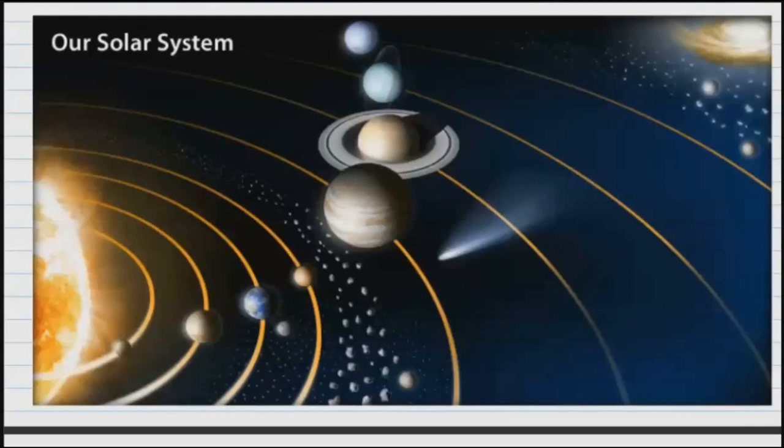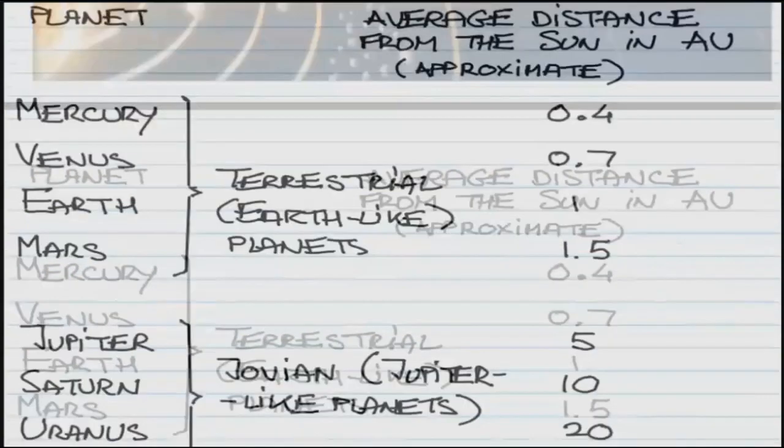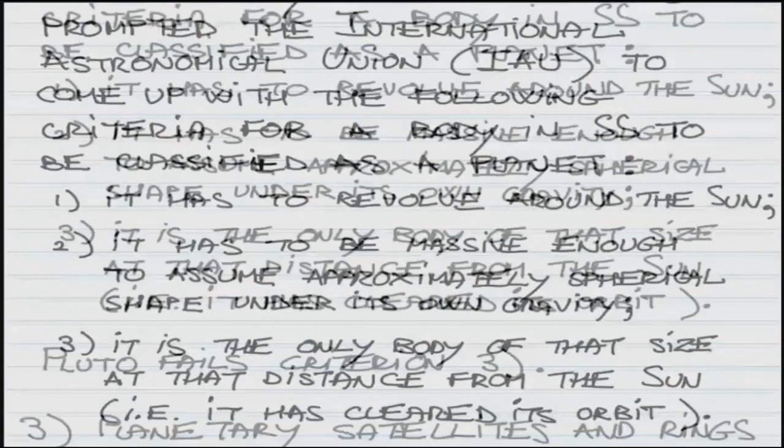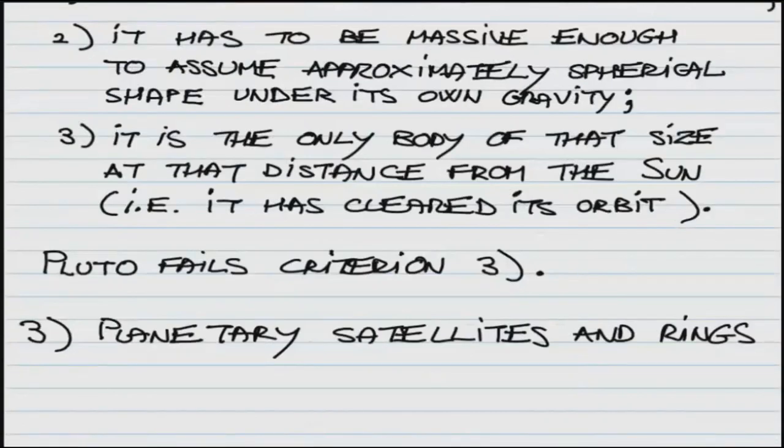So that's what was used to demote Pluto from the status of full-fledged planet to the status of dwarf planet.